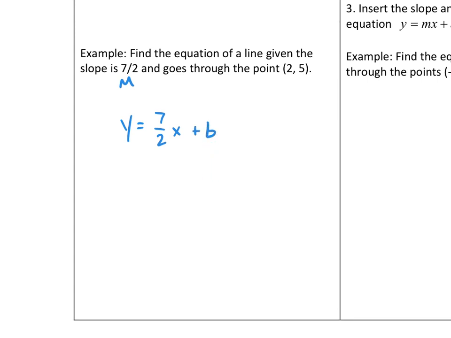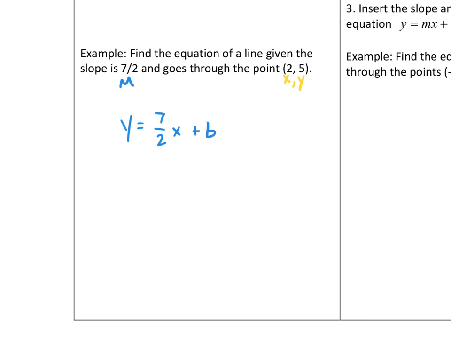I don't know what b is, but I do know that I was given this point. Well, the special thing about this point is it has an x value, which is 2, and a y value, which is 5. What that means is I could plug those into the equation for x and y, which would leave me with a single variable that I could solve for.